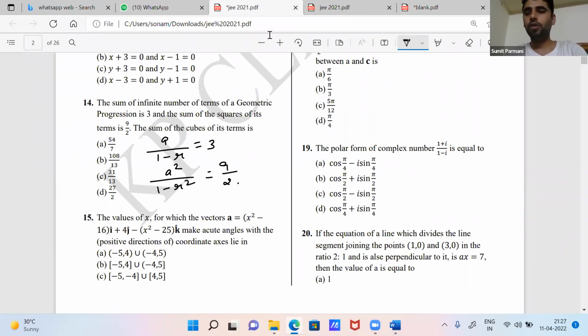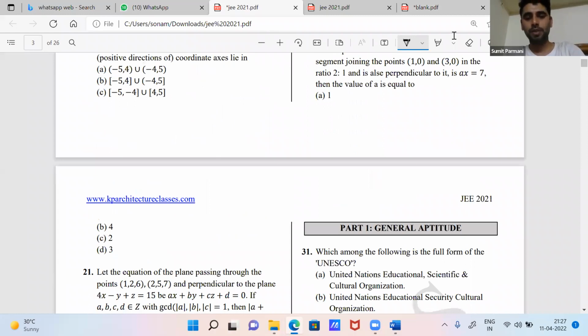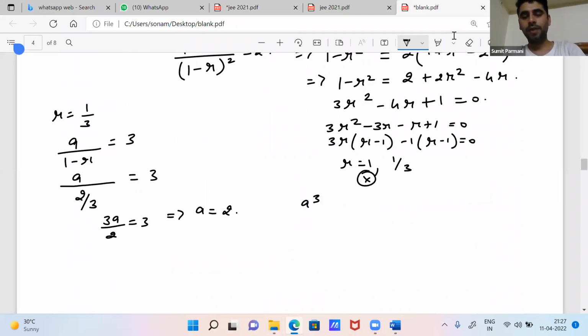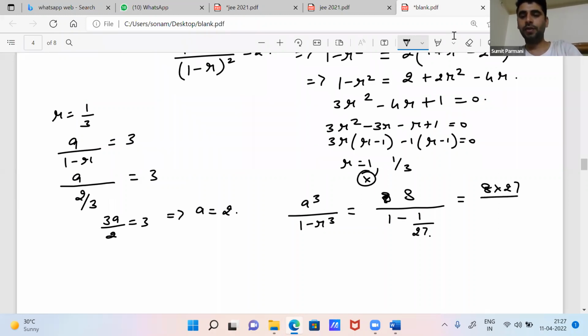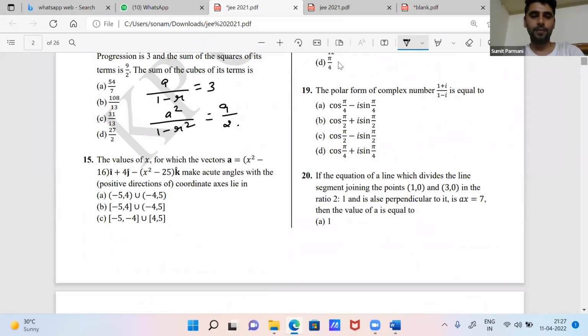Last thing is the sum of cubes of its terms. So that is A cube divided by 1 minus R cube. This is equals to 8 divided by 1 minus 1 by 27. So this is 8 into 27 by 26. So from there you can write down the answer.